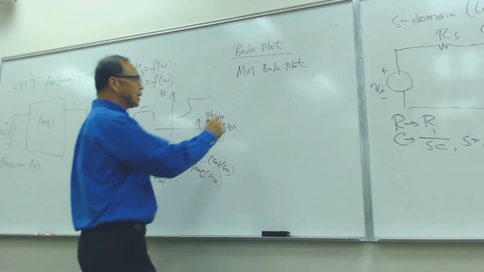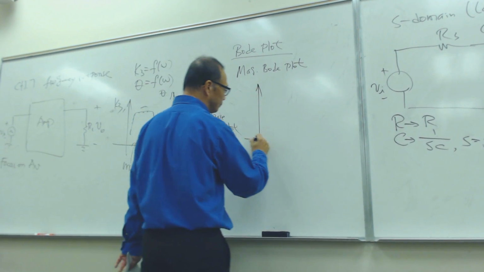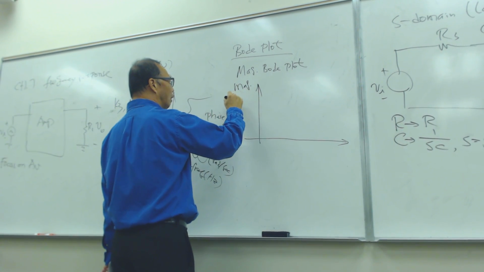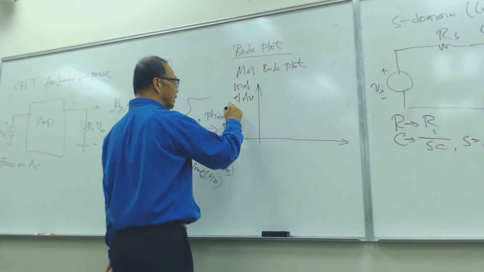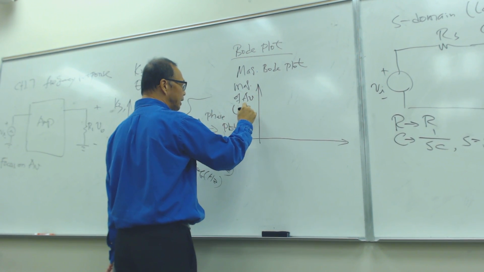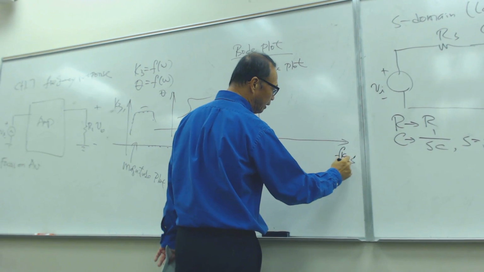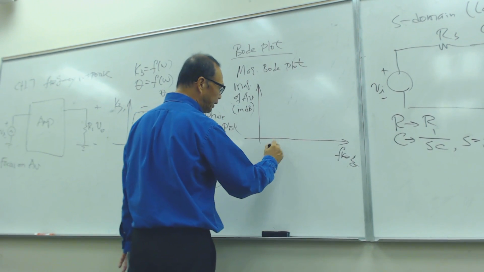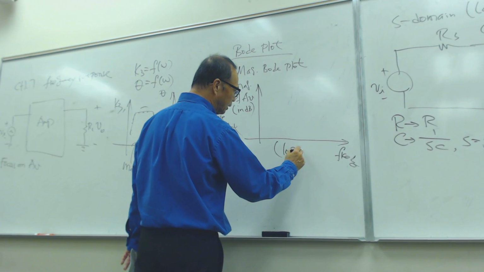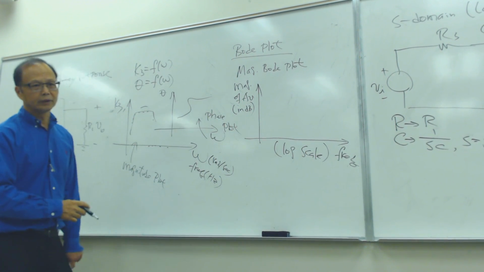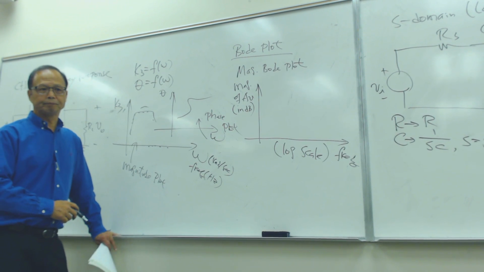Okay, so basically I want to plot the magnitude of A sub B in the unit of dB versus the frequency, and the frequency is in the log scale. That is the typical Bode plot.